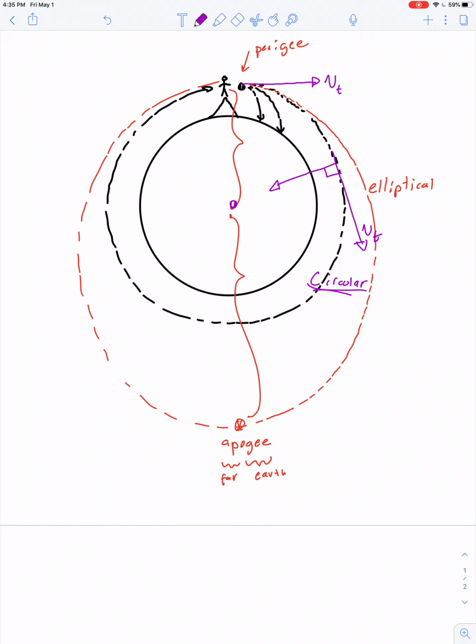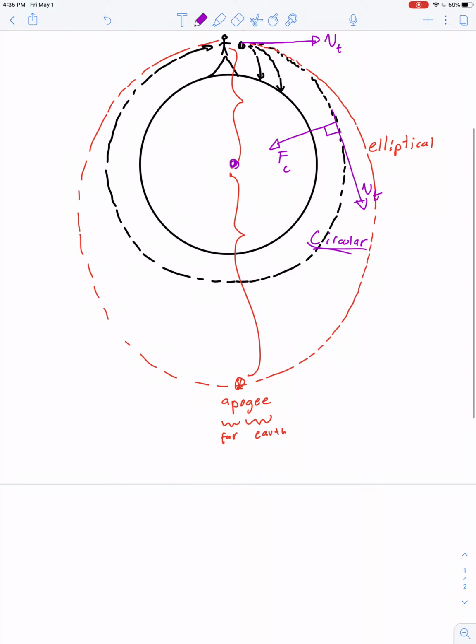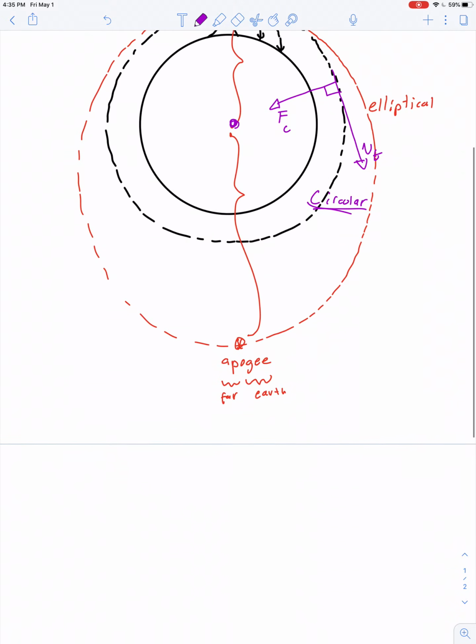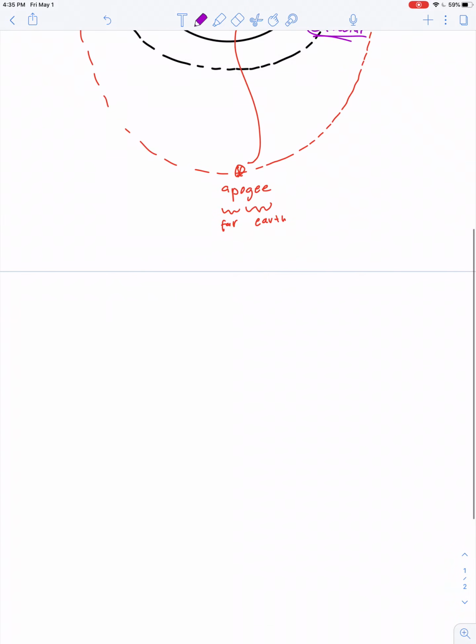The force points straight toward the center of the Earth, so in this way, it's a centripetal force. Now, centripetal force is not a force in and of itself. Something always must provide a centripetal force, and of course, in this case, the force of gravity is what provides the centripetal force.